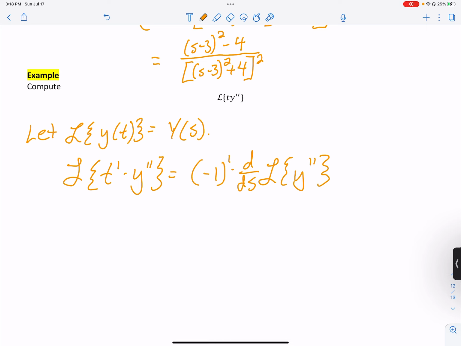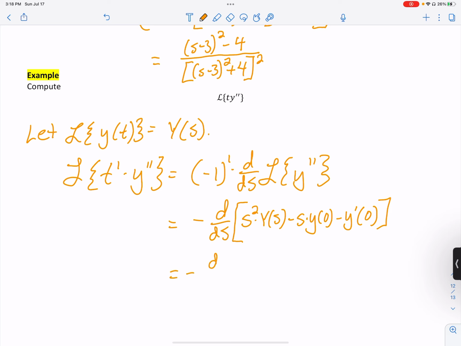It's following the formula. I got negative 1 to the first, it's negative d/ds, and then the Laplace here is going to be s squared times big Y of s minus s times little y of 0 minus y prime of 0.